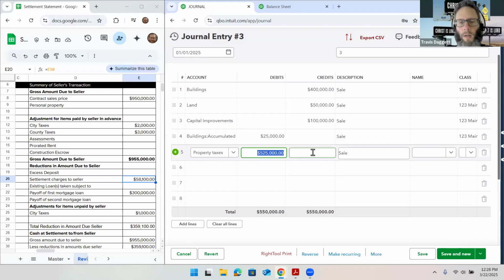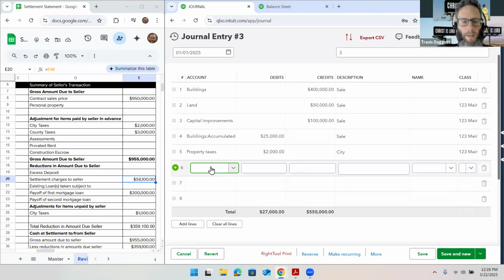So property taxes, we can separate. This is city. Again, we're going to always allocate the class. If there's only an online subscription or a Plus, not Advanced, then you could use customers instead of class. 3,000.